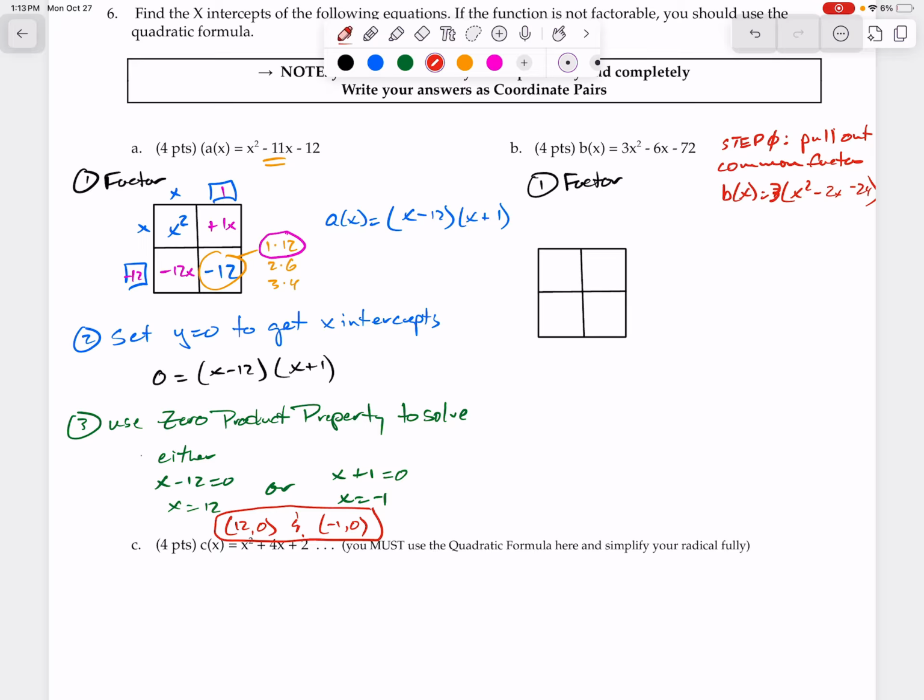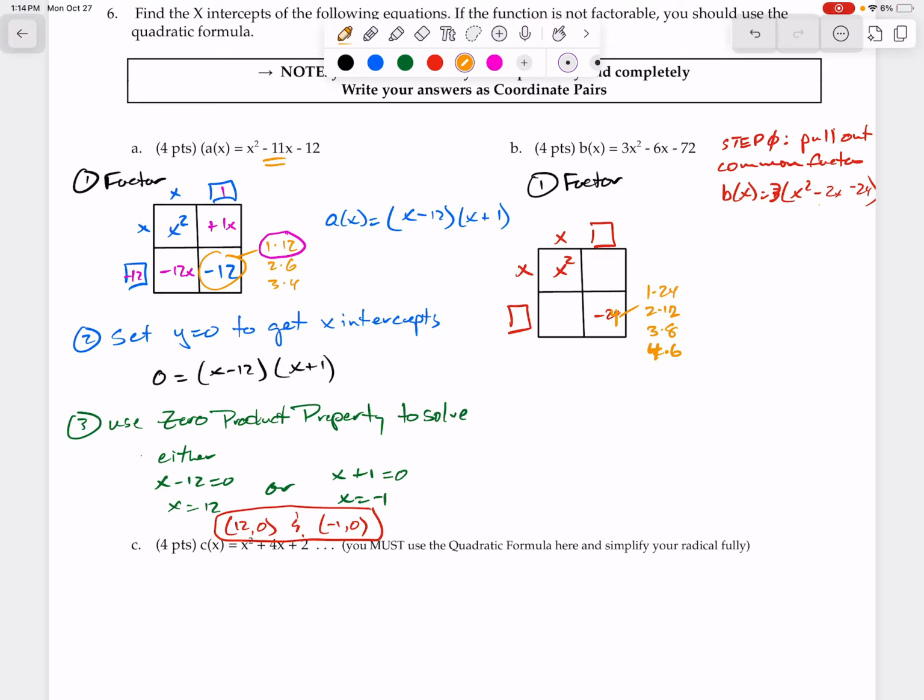So we know that x squared comes from x times x, and that negative 24 will have to come from whatever these are. And we know that 24 comes from 1 times 24, or 2 times 12, or 3 times 8, or 4 times 6.